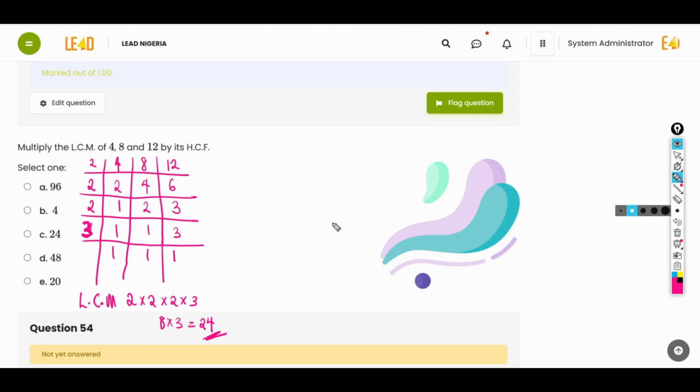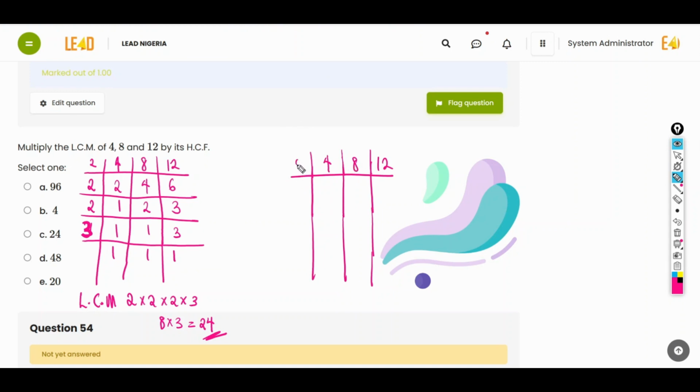Next, we need to find the highest common factor. For the highest common factor, working through the same process, we have 4, 8, 12. Okay, so let's begin. For HCF, you can only divide by what can divide everything, right?